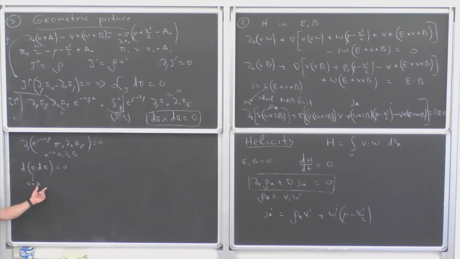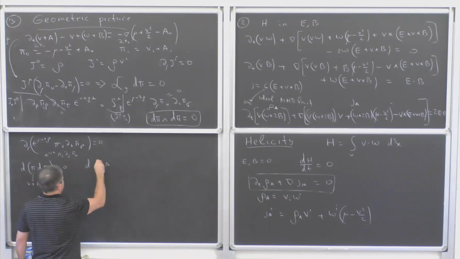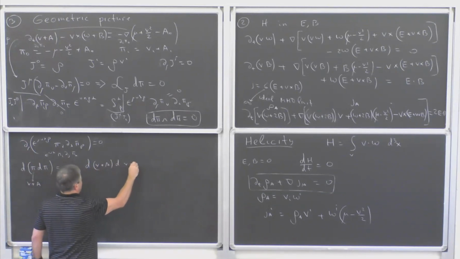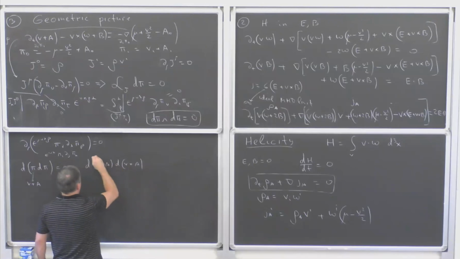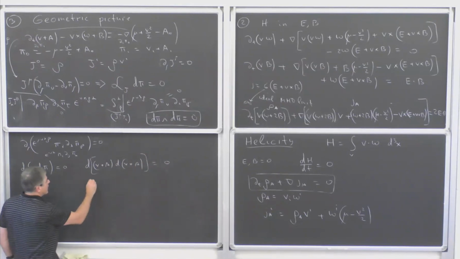So I have this familiar thing in anomalies, that you have a conserved current, but the density of the current is not gauge invariant. So what we are going to do is rewrite it as (v + A) d(v + A) = 0. Let me do this computation quickly because it's very simple.